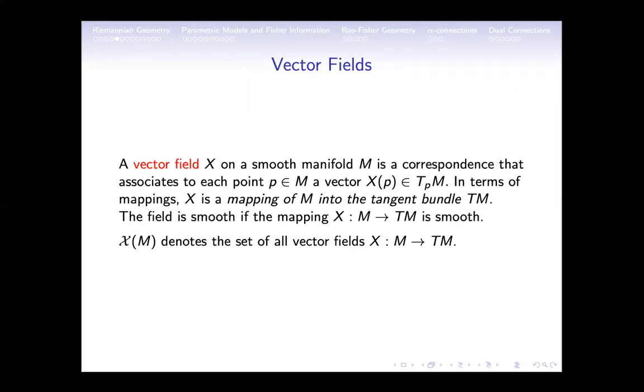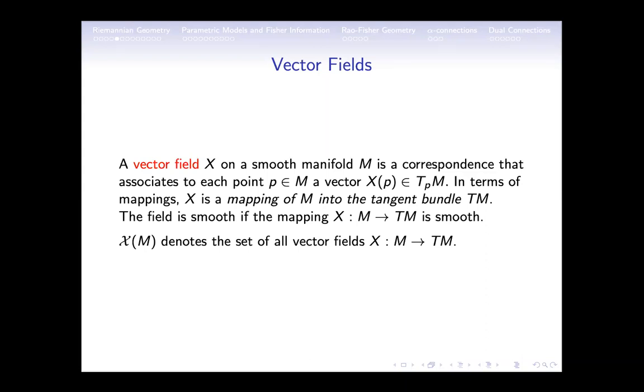Now, what are vector fields? Vector fields map a point to a particular tangent vector in its own tangent space. For example, take the velocity vector, which is actually a vector field.